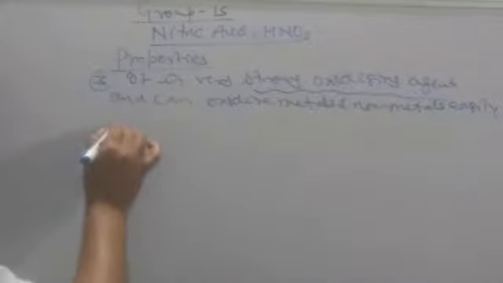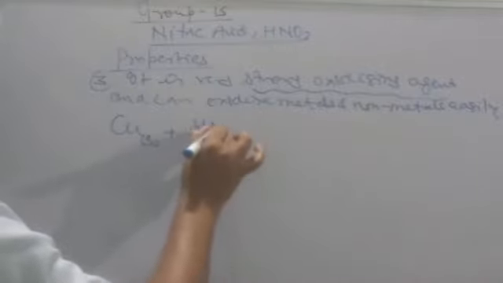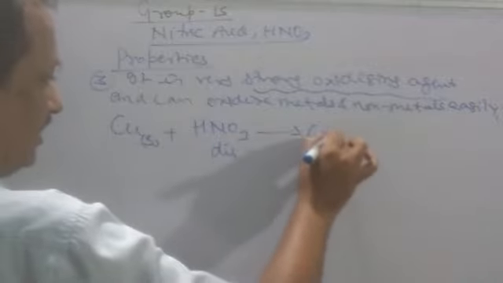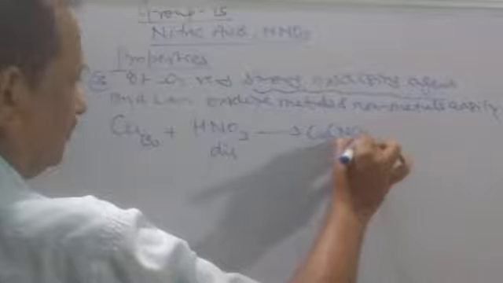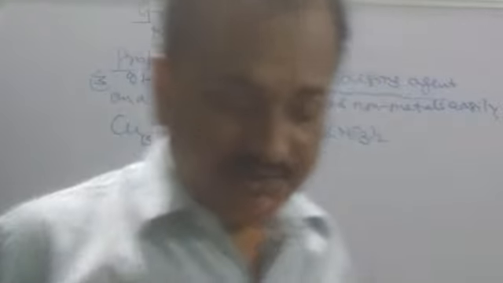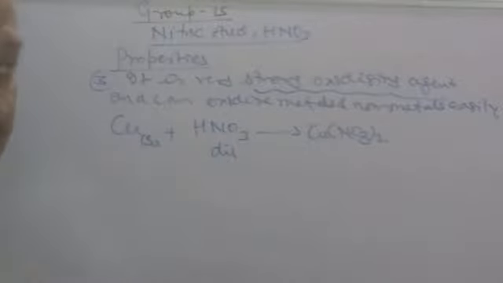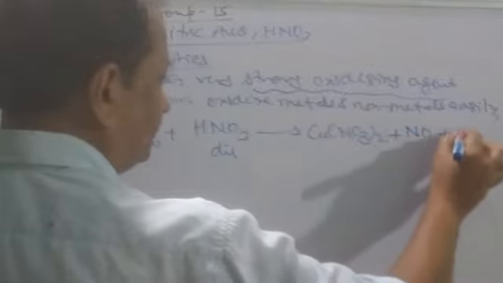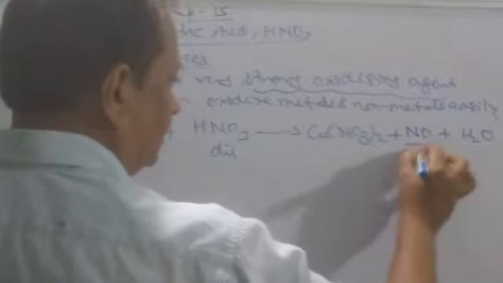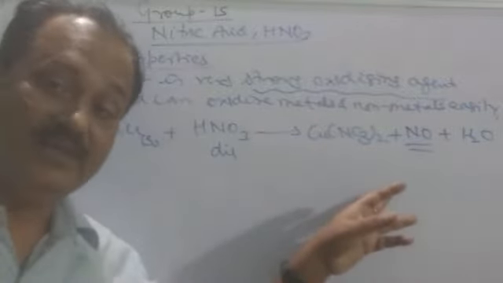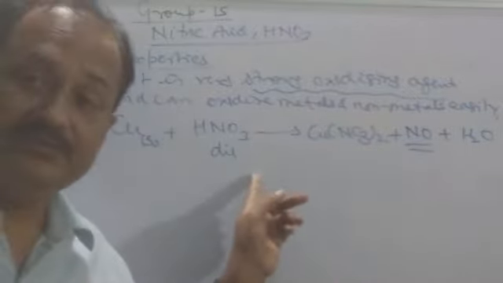So if you take solid copper in presence of nitric acid, here if you take the dilute, there is formation of copper nitrate, and in addition, there is the liberation of nitric oxide gas, which is colorless when there is the dilute HNO3.